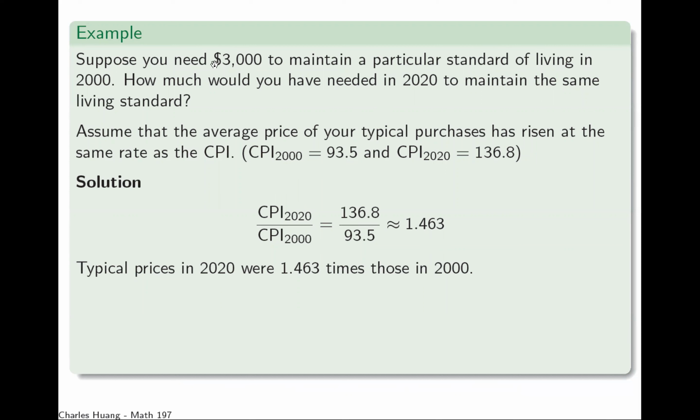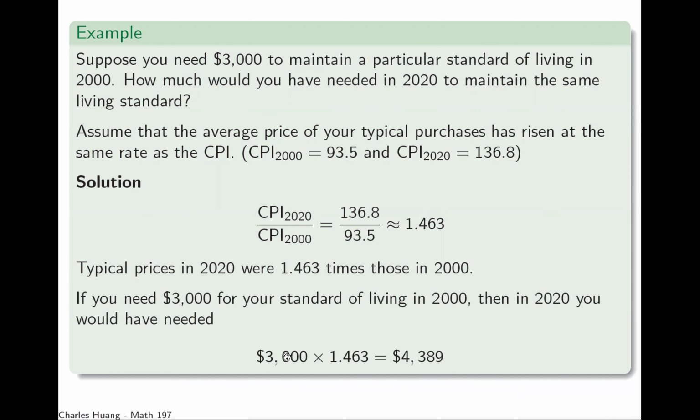Since we start with $3,000 in 2000, I want to take my $3,000 and divide by the CPI in year 2000. Right? This 3,000 is in the year 2000. I divide it by the year 2000, and then I multiply by the year that I want to change it to. So in this case, we take our 3,000, we divide it by 93.5, we multiply by 136.8.